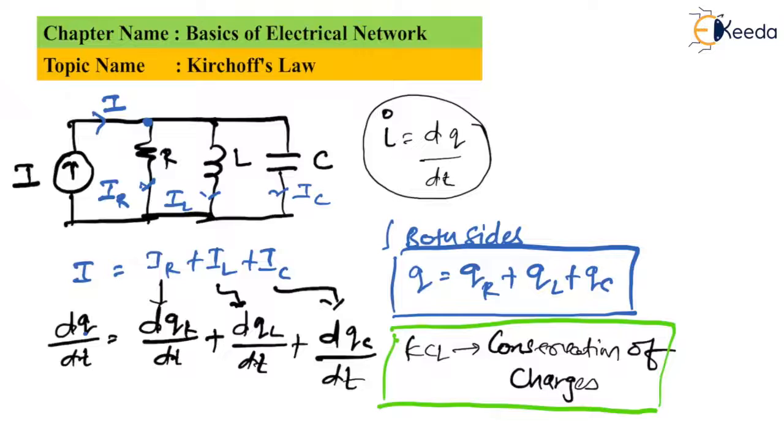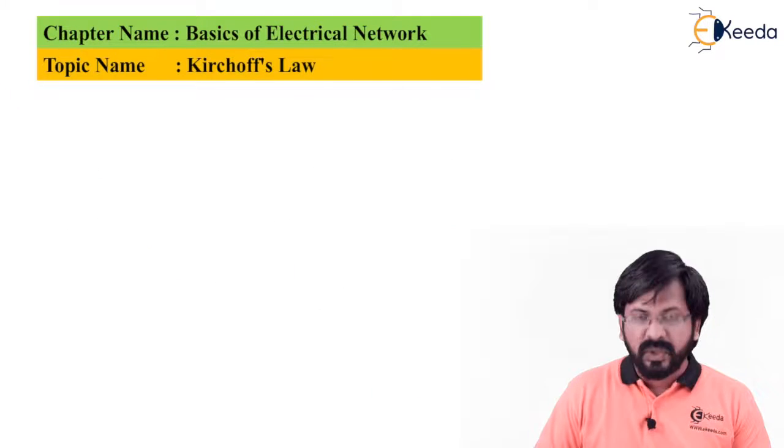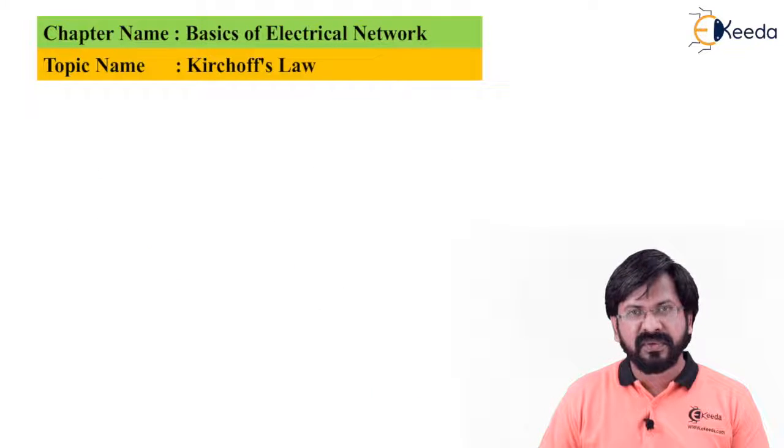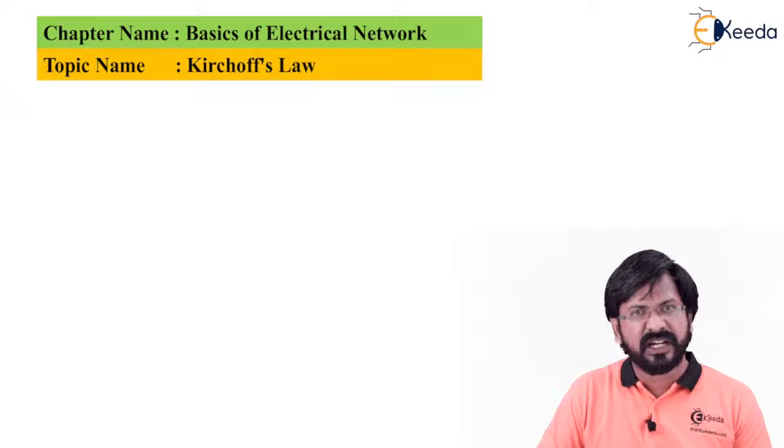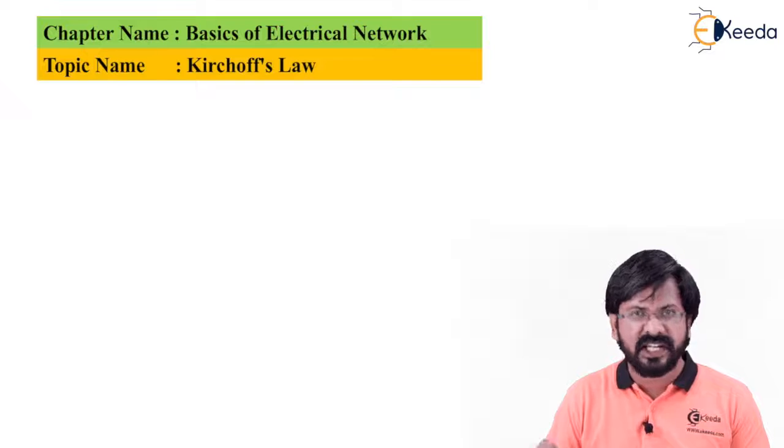Now we will understand the significance of KVL also. To understand the significance of KVL, let us assume a series circuit which again consists of R, L and C elements.